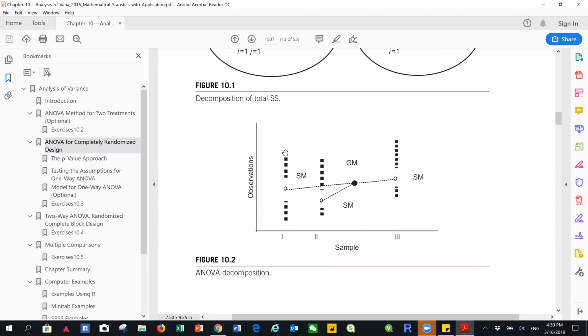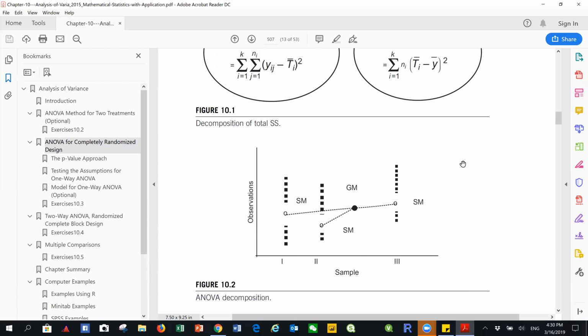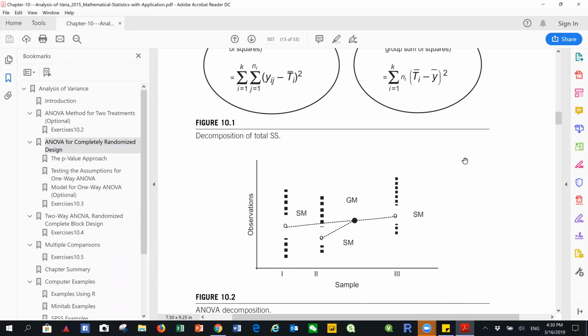If you look at this group, sample 1, there are variations within this sample. And if you look at group 2, also group 3. So these 3 samples have their own within-sample variations.